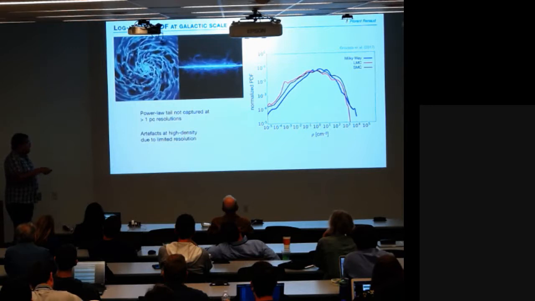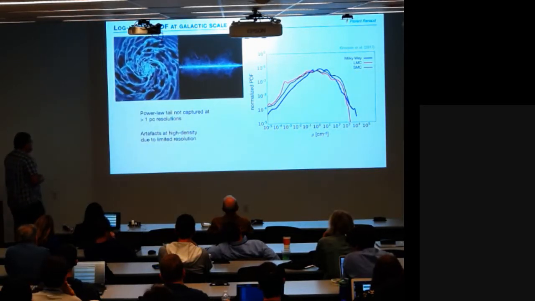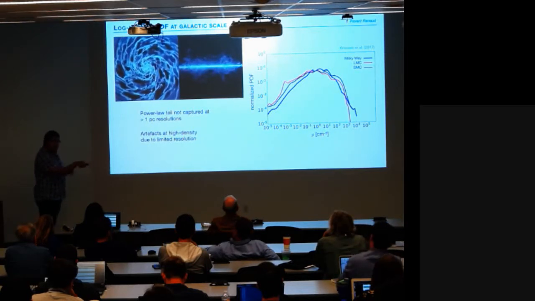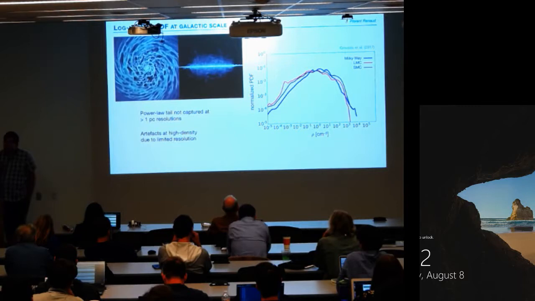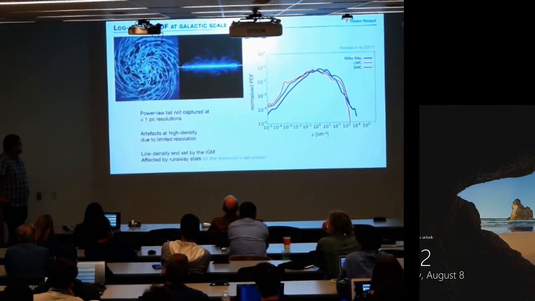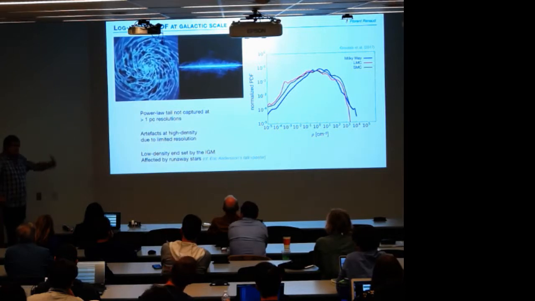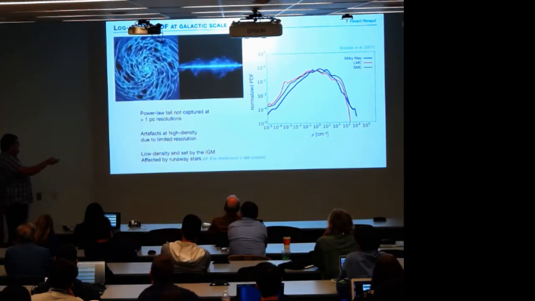Of course, we also have artifacts at the very high density end of the distribution, which is due to limited resolution, basically the gas piling up in your last density bin in your galaxy. But something that we get better than in simulations of clouds, for example, is that we have information about what is around the galaxy, the CGM, and the low-density part.